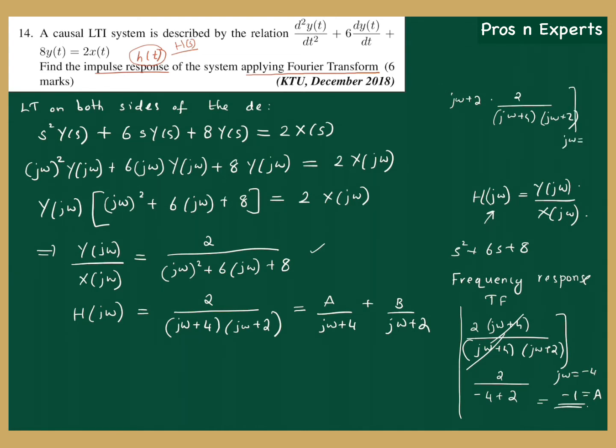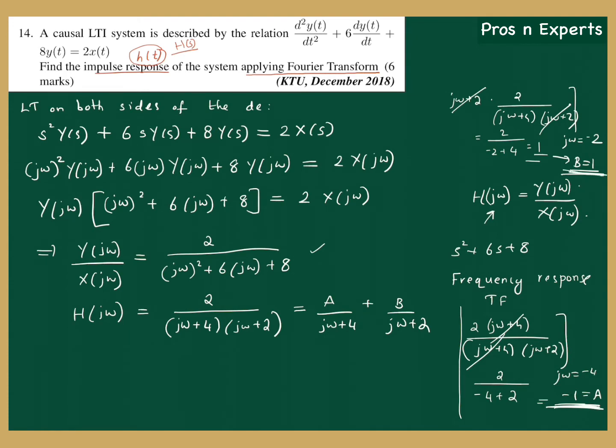J omega equal to what value will make this term infinity? It is j omega equal to minus 2. So we can cancel this, and it is 2 by minus 2 plus 4, which is equal to 1. So b equal to 1. So a equal to minus 1 here and b equal to 1 here.